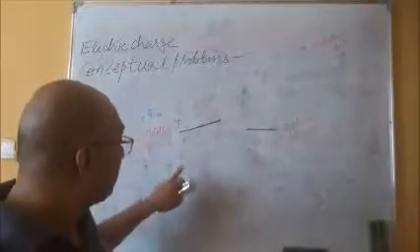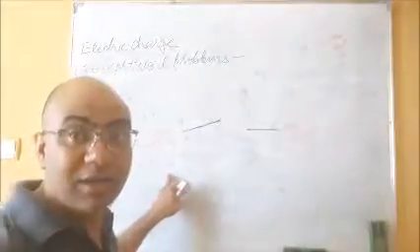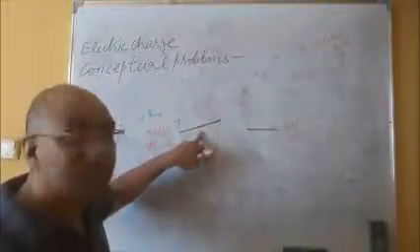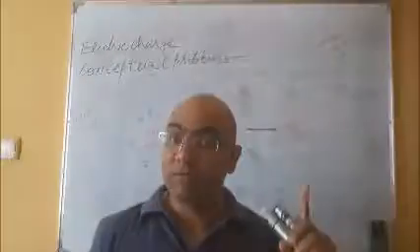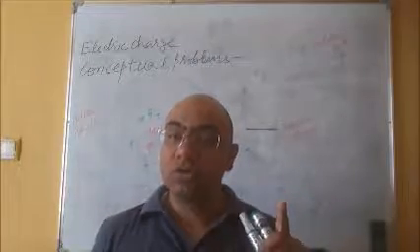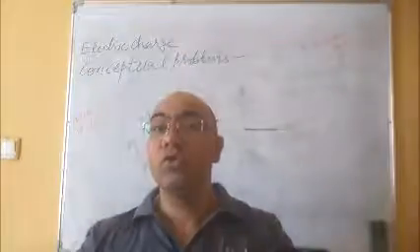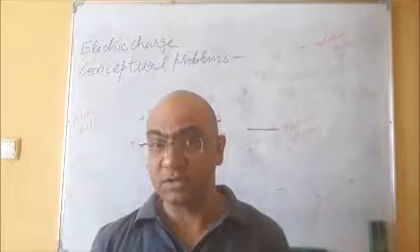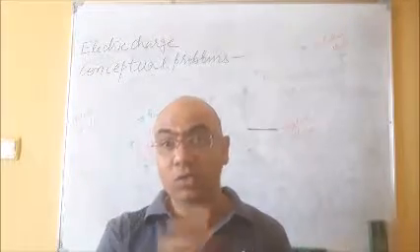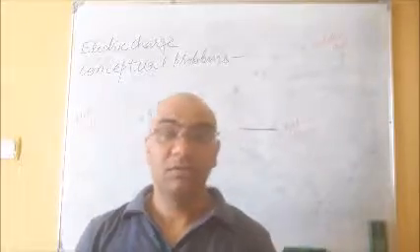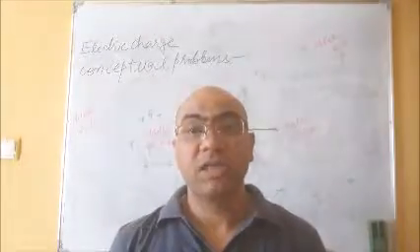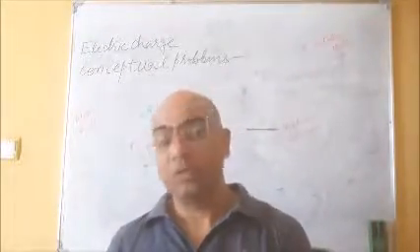Here this is plus Q charge, and when we connect it with this conducting rod, you apply the first concept I gave you, that charge always tries to go to the outermost surface. I told you in the previous class, the charge always tries to go to the outer surface.